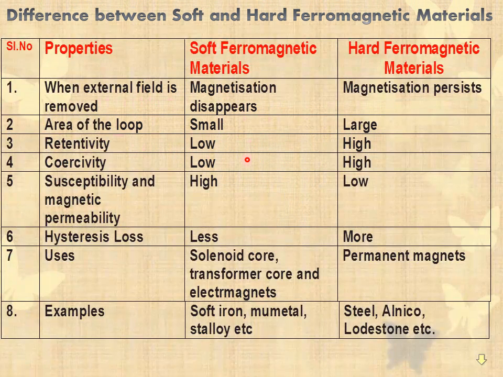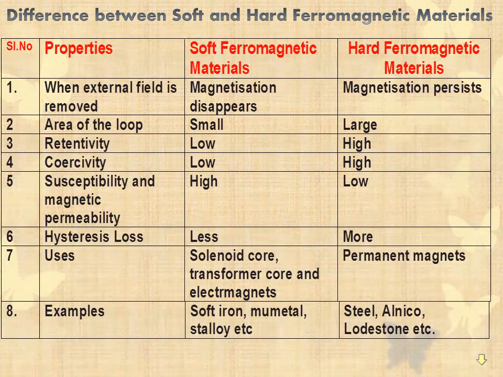Retentivity is low in soft and high in hard. Coercivity is low in soft ferromagnetic material and very high in hard ferromagnetic material. Susceptibility and magnetic permeability are high in soft ferro, and in hard ferro they are low.